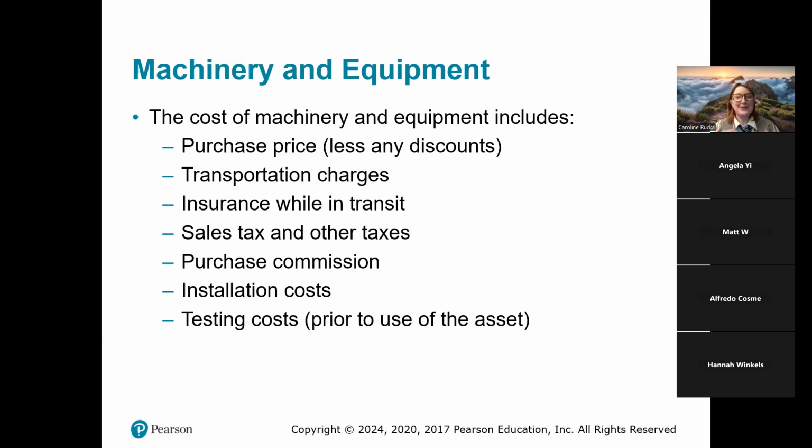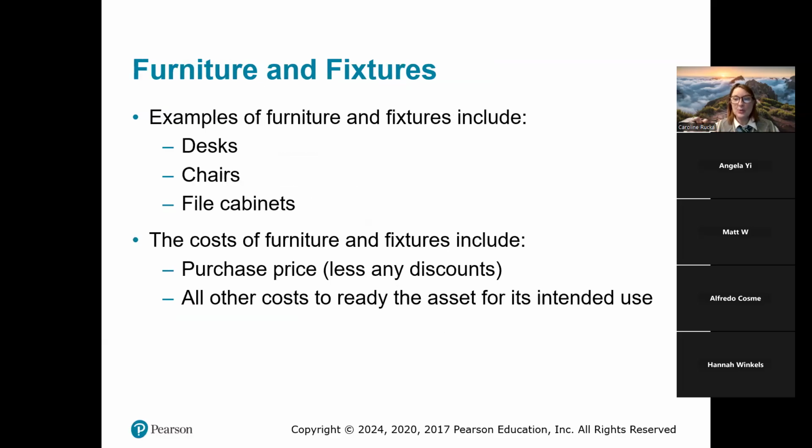But whatever it is that you put into a machine to get it ready to start serving its useful life, all of that gets added to its initial purchase price, the acquisition phase.